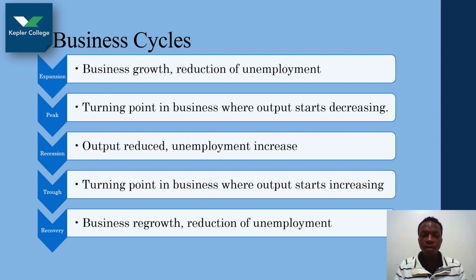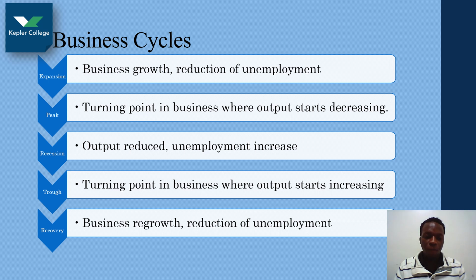If we say peak, it's where the business is up, maximizing the output, and then it starts moving down, whereby the unemployment starts somehow increasing and the output is limited at the maximum.